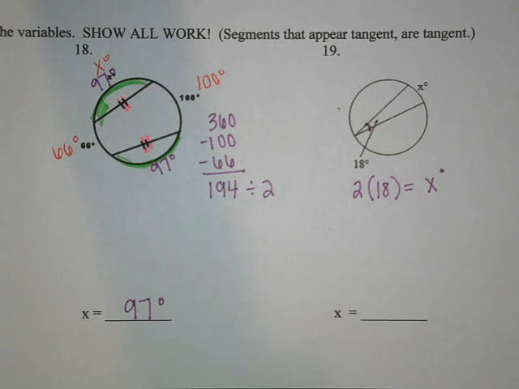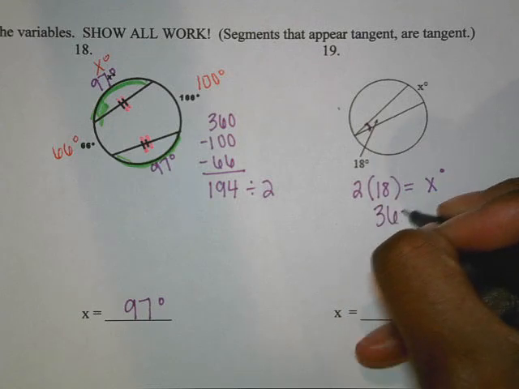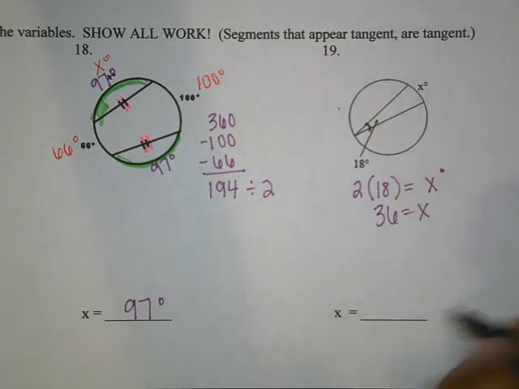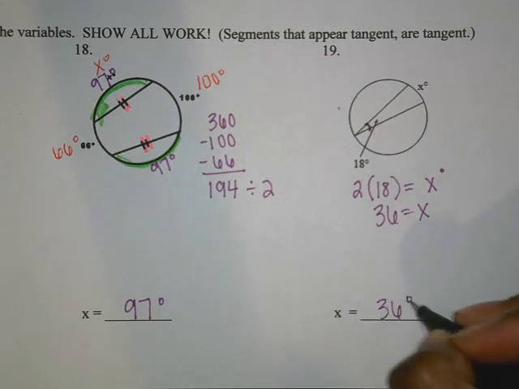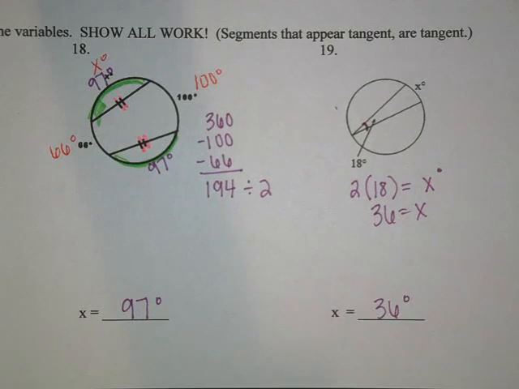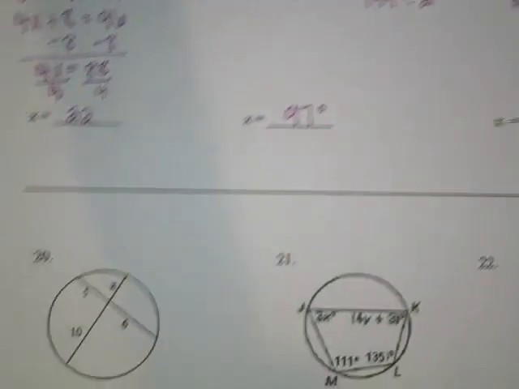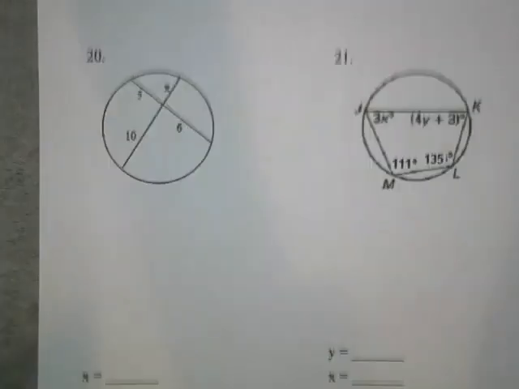What's 2 times 18? And we get 36. So this arc here is 36 degrees. All right, let's go down to number 20.